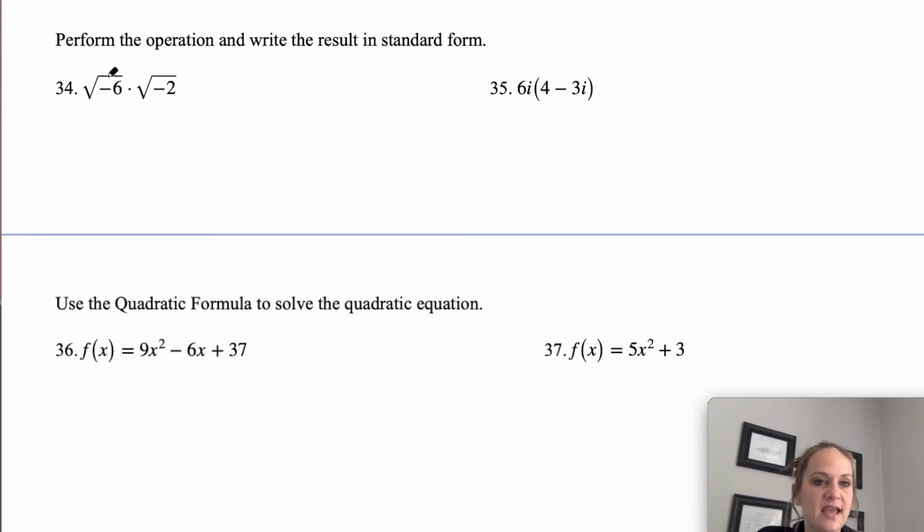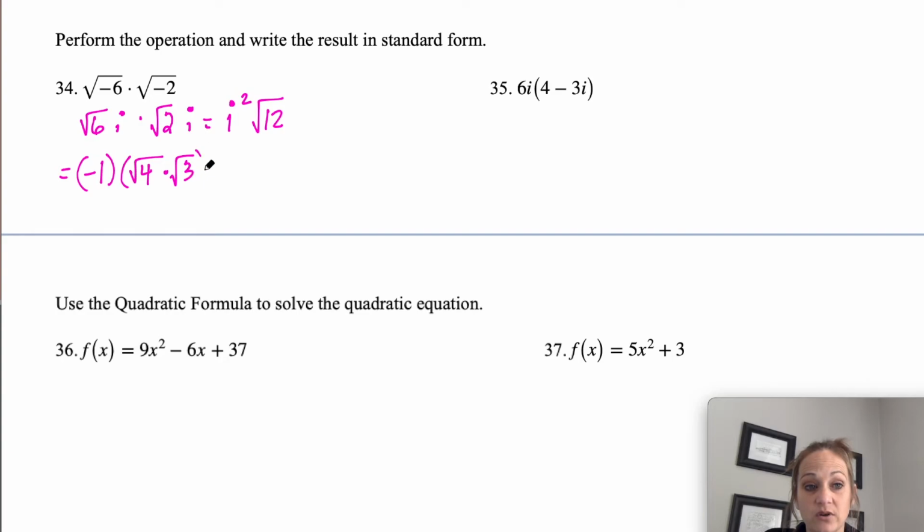Okay, in this case, please do not say that -6 times -2 is a positive 12 and then reduce. You cannot do that. What you need to do is say that this is the square root of 6 times i, and this is the square root of 2 times i. i times i is going to give me i squared, and then 6 times 2 will give me 12. i squared is the number -1, and the square root of 12 can be broken down into the square root of 4 times the square root of 3.